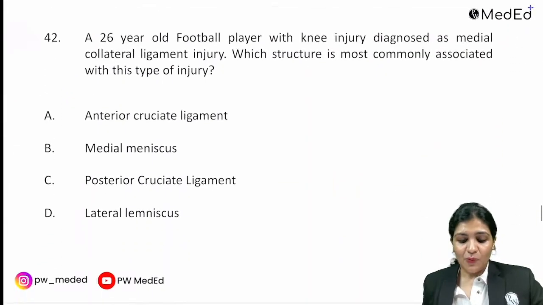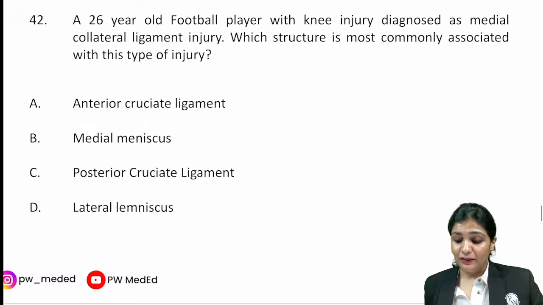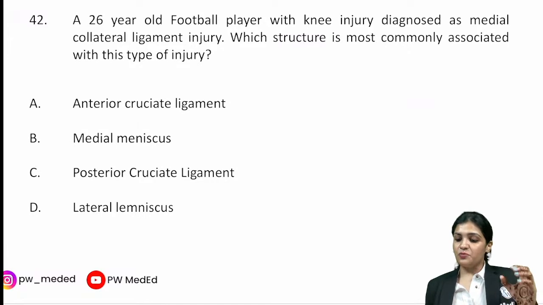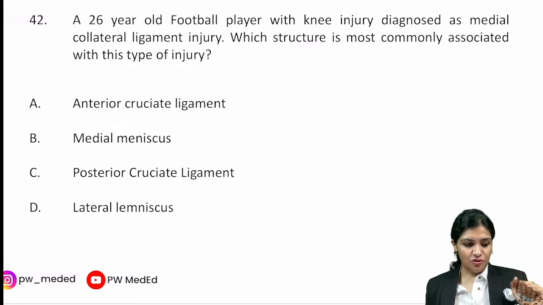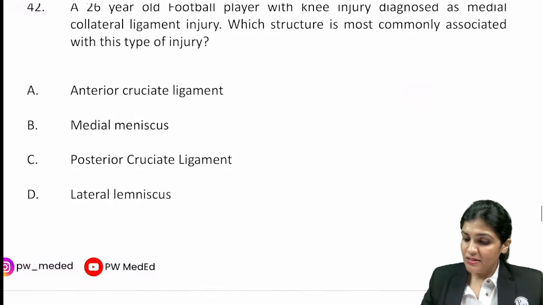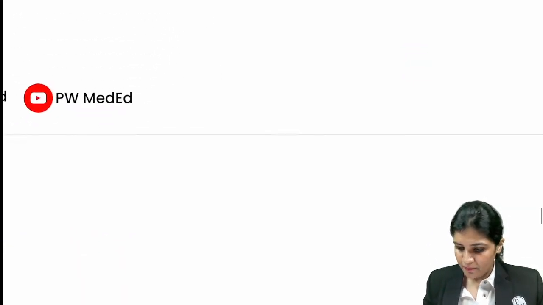Next question. A 26-year-old football player with a knee injury diagnosed as medial collateral ligament injury. Which structure is most commonly associated with this type of injury? So I hope you are also very familiar with sports medicine. So let's deal a little about sports medicine.